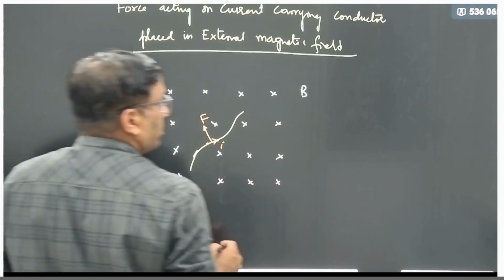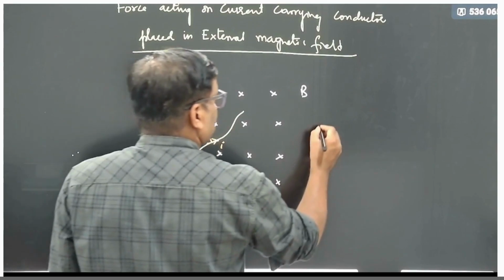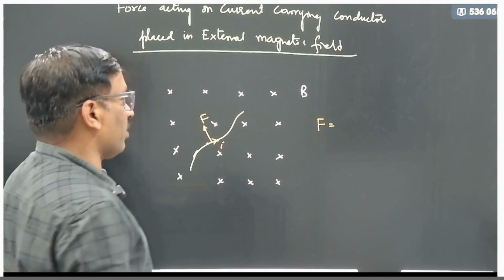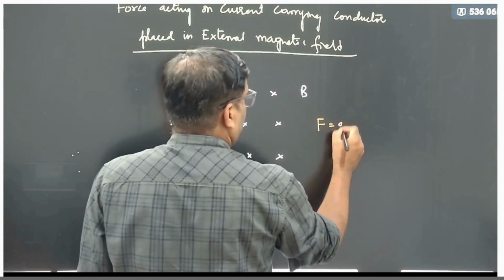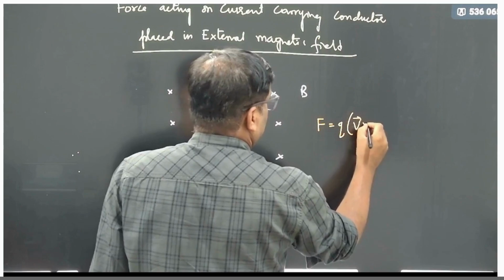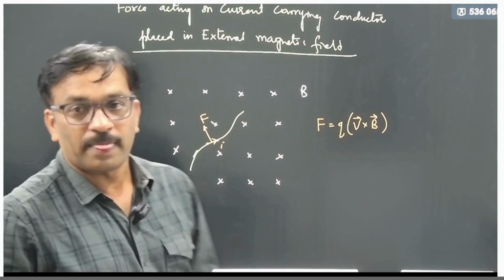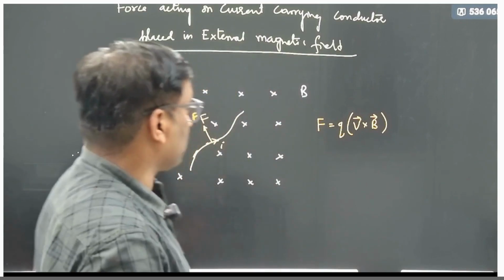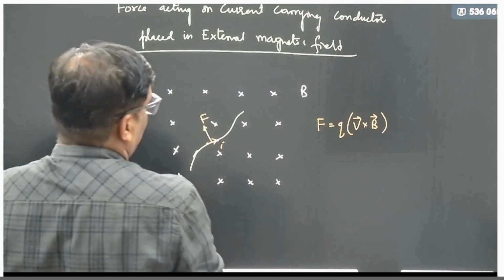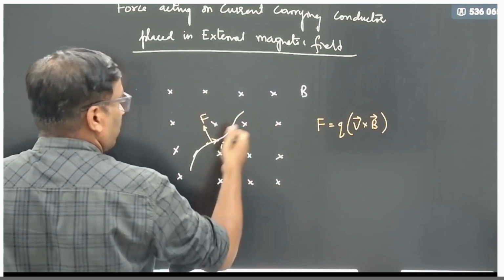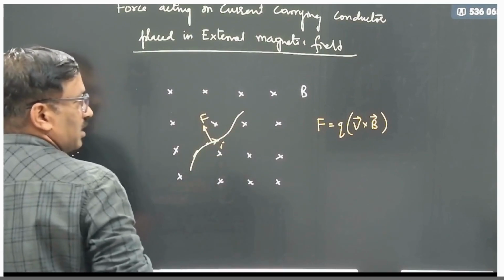In moving charges, we already discussed the force experienced by a charge placed in a magnetic field: Q into V cross B, clear? V is nothing but velocity. So now we can rewrite it as the velocity of the charges, with which the charges are flowing.